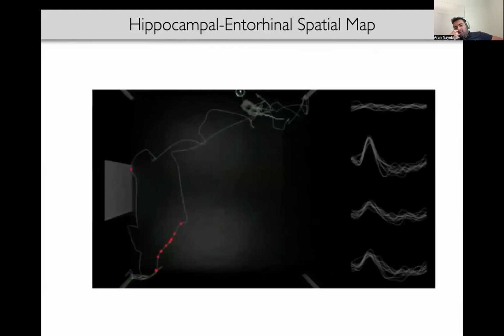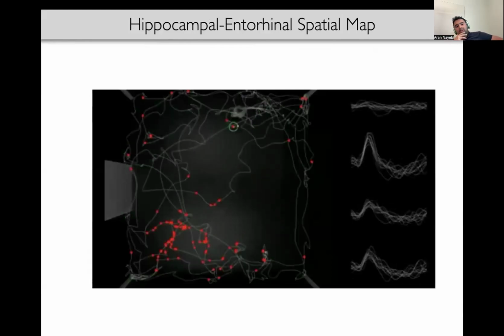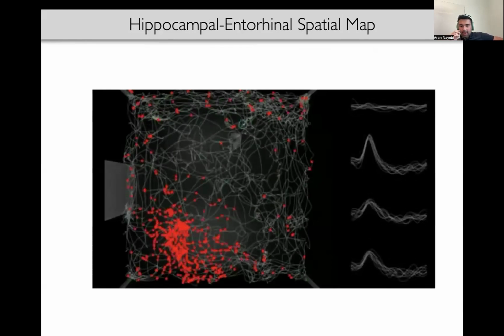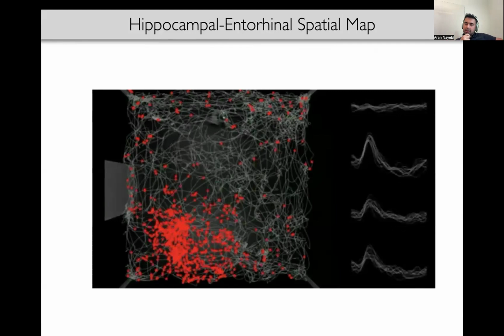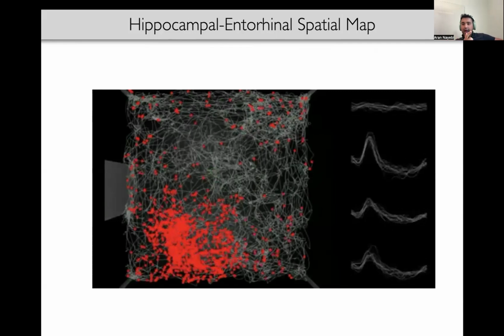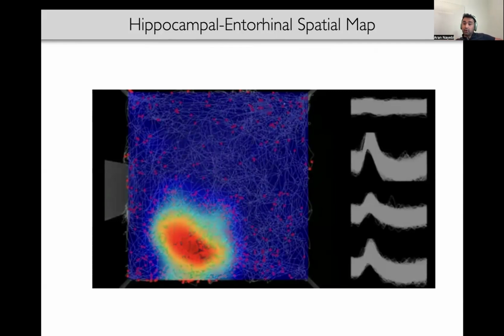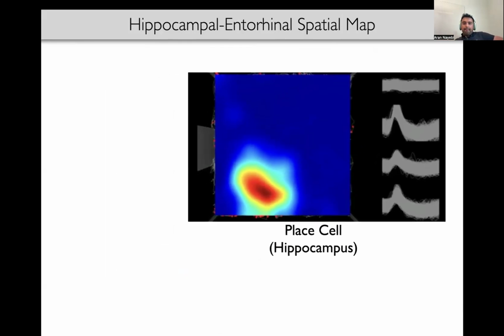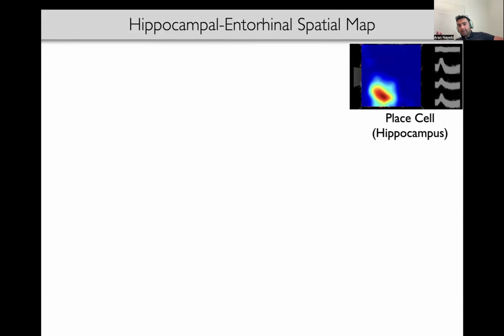Now, going back to navigation, here is a top-down view of a rodent in an open environment where the red dots are place cells in its hippocampus. And these place cells fire as it enters a particular location, forming a place field. Now, the hippocampus and place cells in particular aren't the only brain areas and cell types implicated in this ability for rodents to navigate.